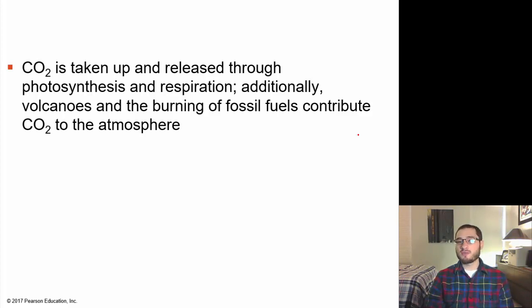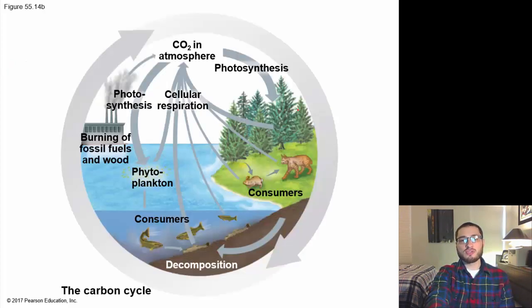Additionally, volcanoes and the burning of fossil fuels contribute CO2 to the atmosphere, and that's where we see, the more fossil fuels we burn now, the plants can't put the carbon dioxide into creating carbohydrates as fast as we are adding carbon dioxide to the atmosphere, and that's where we throw off this carbon dioxide cycle, and we are pulling this carbon dioxide out of these reservoirs a little too quickly.